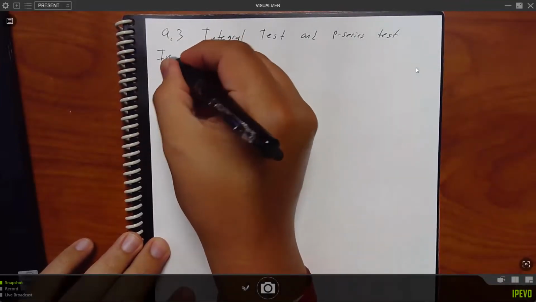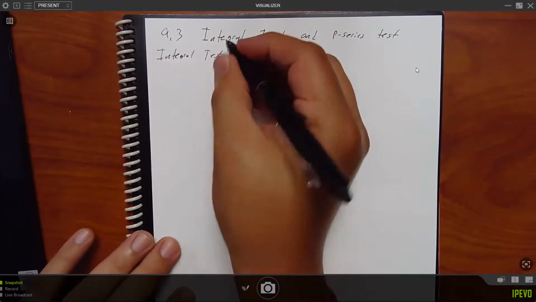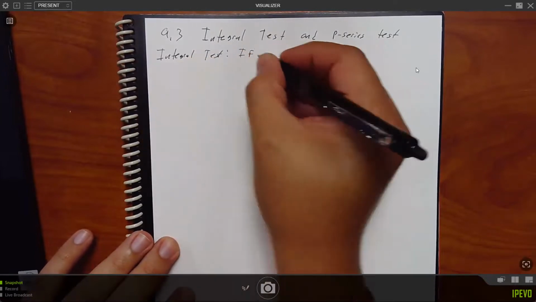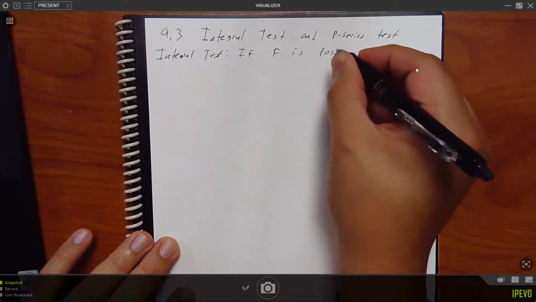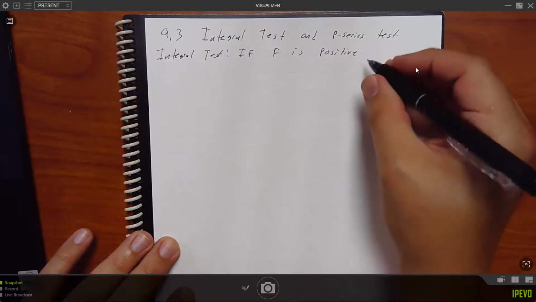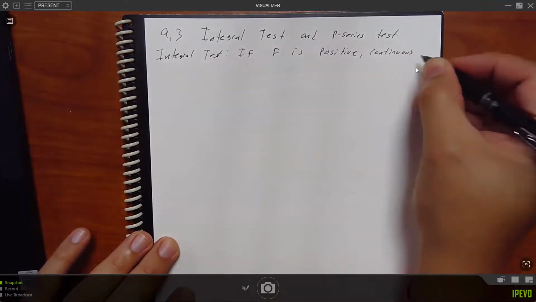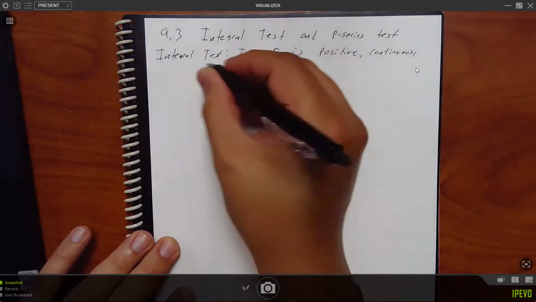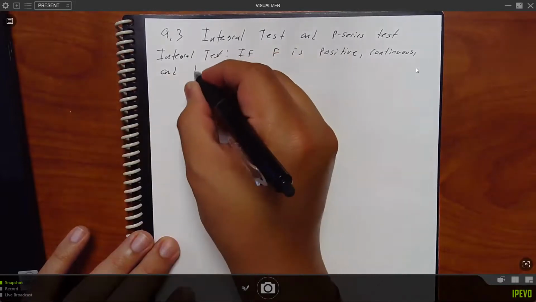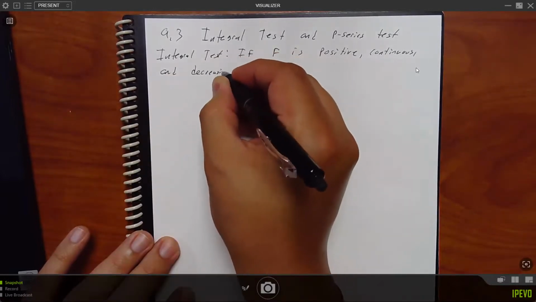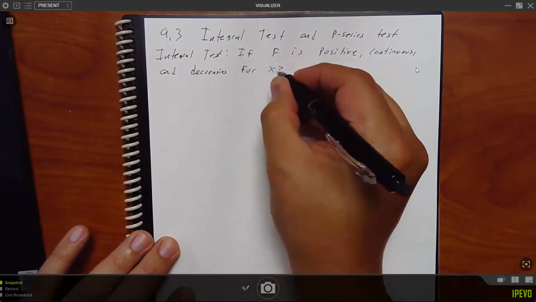Integral test. If f is positive, continuous. Remember, all this is required to use the integral test. And decreasing, for x greater than or equal to 1.